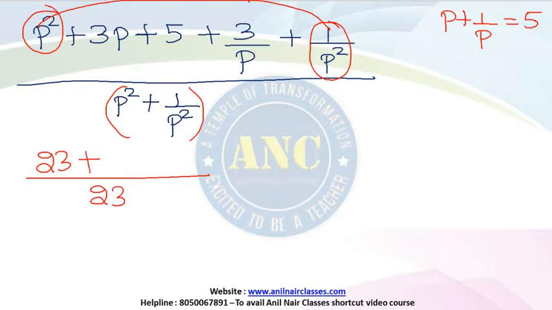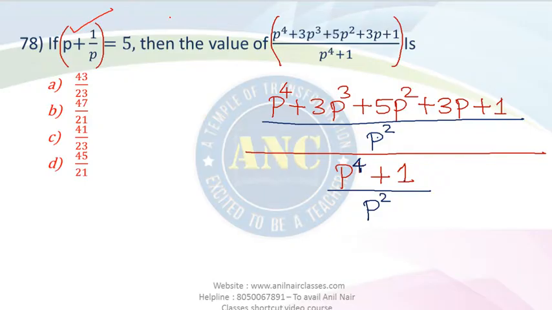Plus, if you observe carefully, there are 3 more terms. The second term is 3p plus 3 by p and the other term is 5. But if you are really smart enough, you don't even have to solve the further questions, but actually you should solve it in this question, sir, because what I actually thought is the denominator should be 23.